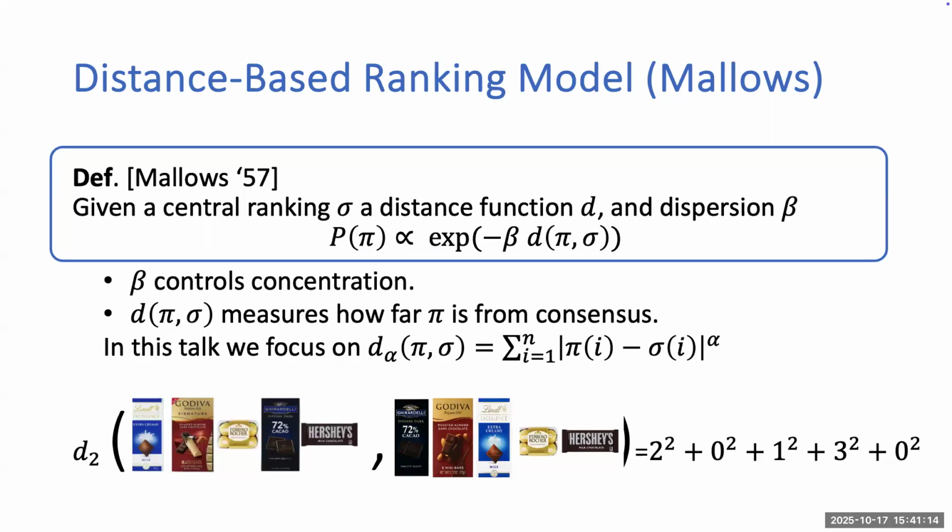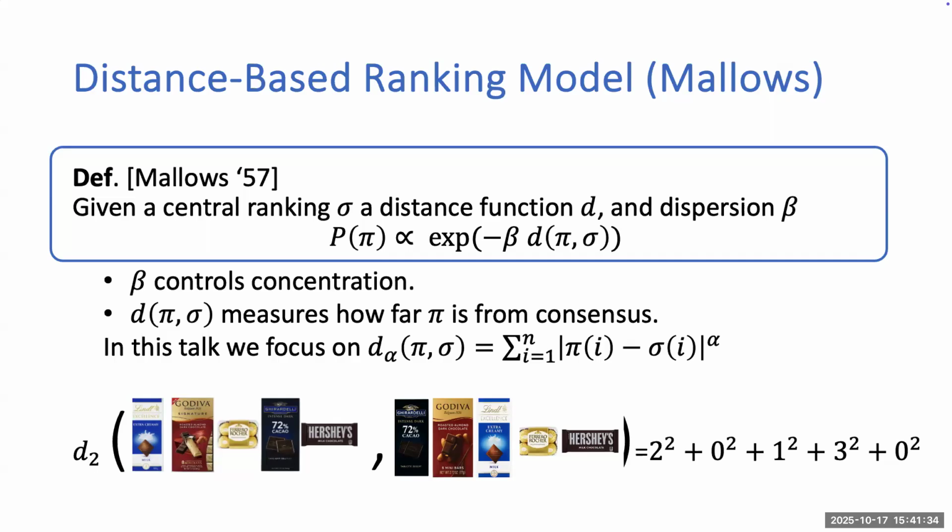Lindt is at ranking 1, and here it is 3. So the difference is 2, to the power alpha, which is 2. Godiva is the same, so it's 0 to the power 2, and for Ferrero it's 1 to the power 2, and so on. That's how it is computed.